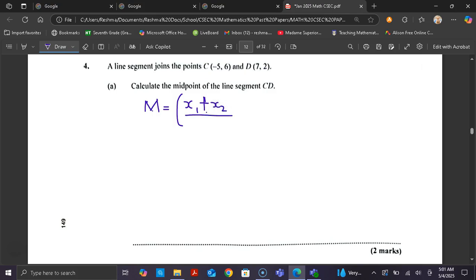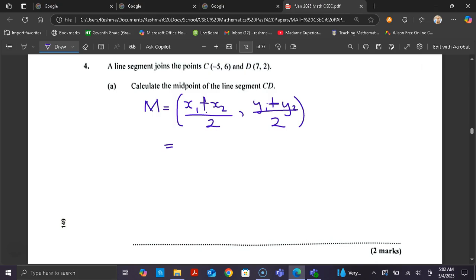So the formula for midpoint is (x1 plus x2 over 2, y1 plus y2 over 2). And I'm letting M be the midpoint of our line segment CD.